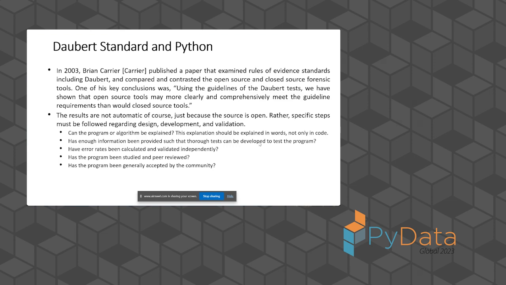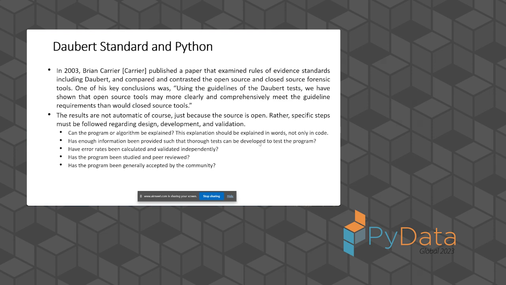One of the key findings was that using the guidelines of Daubert tests, open source tools may more clearly and comprehensively meet the guideline requirements than closed source tools. The results are, of course, not automatic just because the source is open; there are some specific steps that must be followed regarding design, development, and validation.